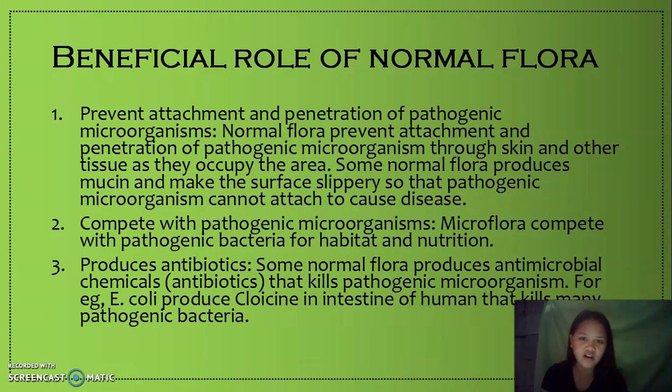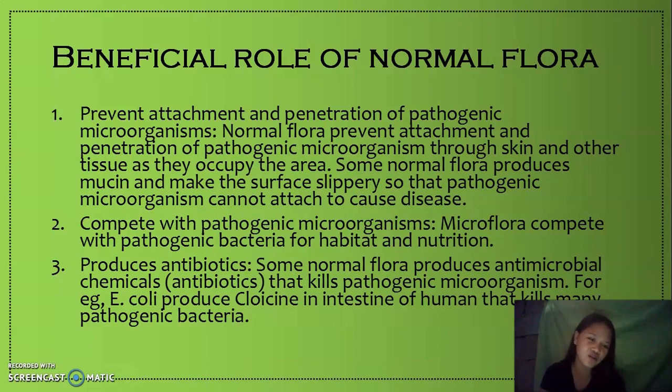Normal flora prevent attachment and penetration of other tissue as they occupy the area. And then they also compete with the pathogenic microorganisms. They are competing with these pathogenic bacteria for food or for habitat.